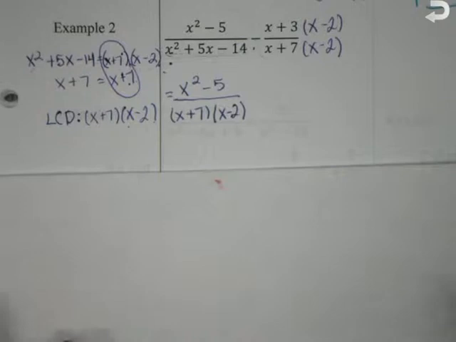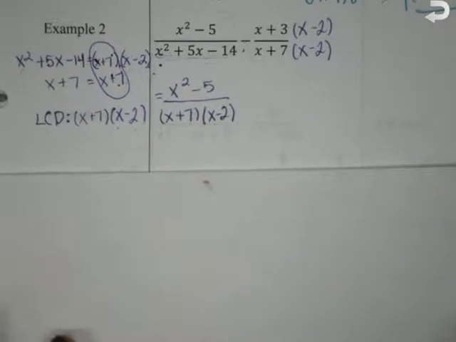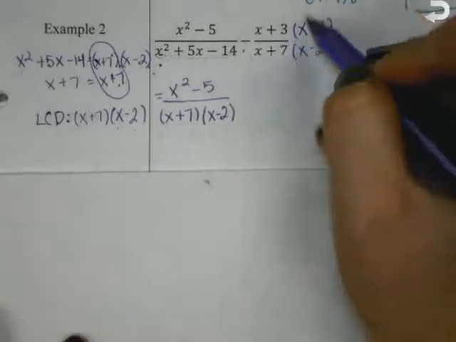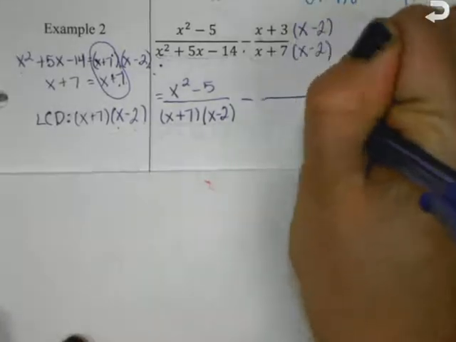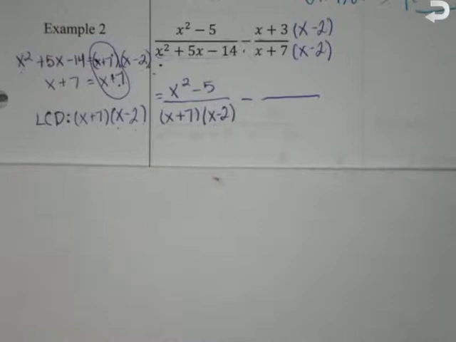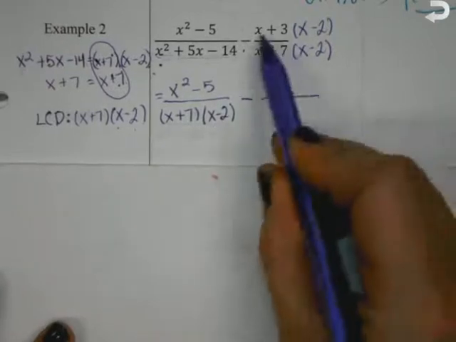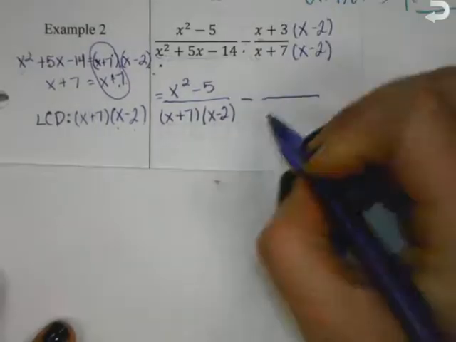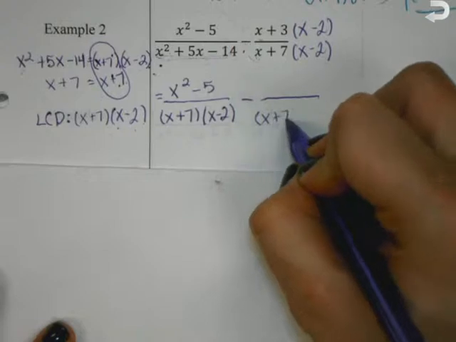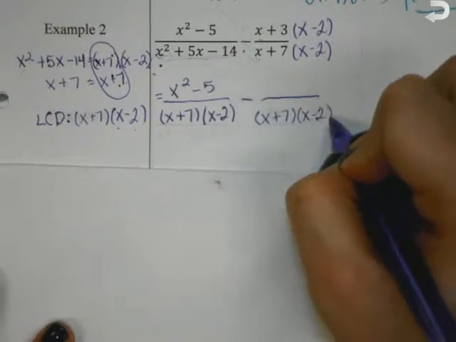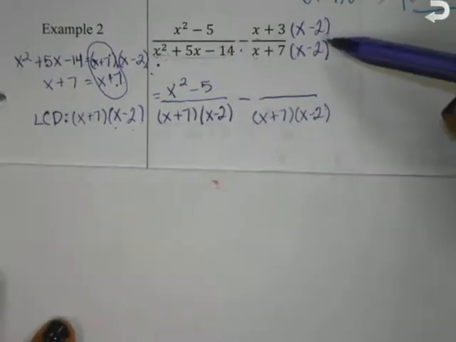Okay. So, in our numerator, this is going to be minus. Okay, minus. This now has the common denominator of x plus 7 times x minus 2. And then we need to figure out what goes on top. So, if I have x plus 3 times x minus 2, what would I be doing?